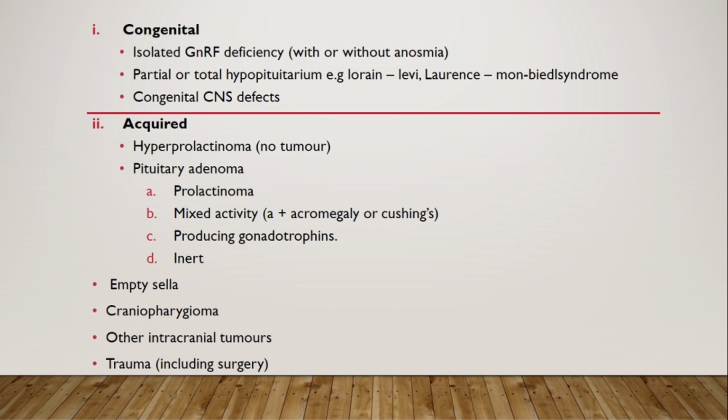In most cases of women that are short and that have sexual infantilism and lack of secondary sexual characteristics, they belong to the group called congenital irreversible hypogonadotropic hypogonadism.